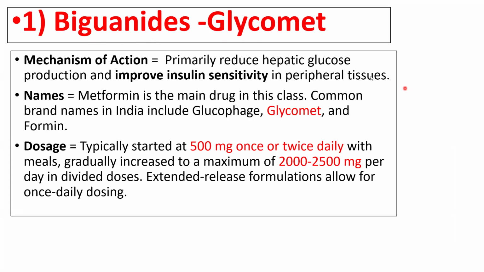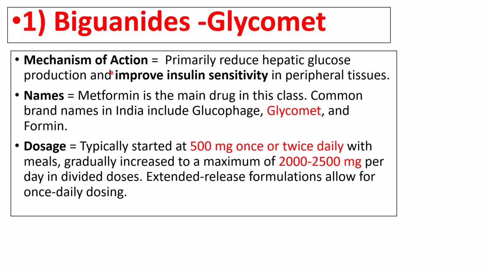Try to understand. Mechanism of action. Primarily, this biguanide glycomet tablet reduces hepatic glucose production. Hepatic, that glucose is stored in the liver. Whenever excess blood sugar is there, it is stored in the liver in the form of glycogen. And whenever necessary, glycogen is converted to glucose.